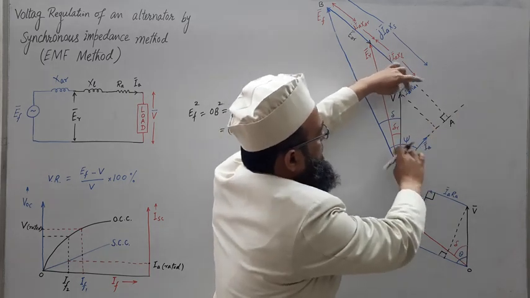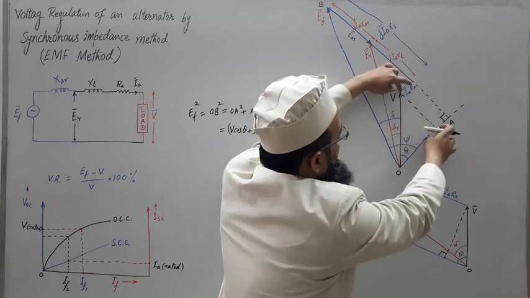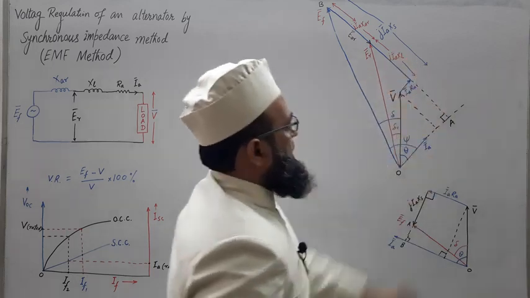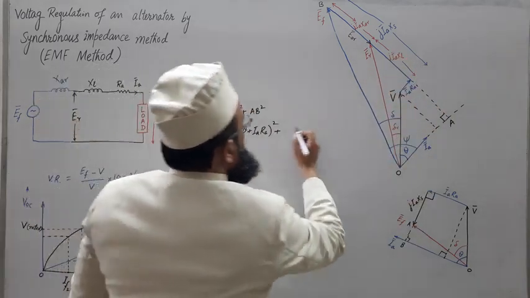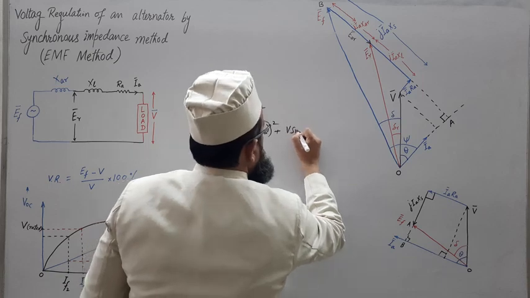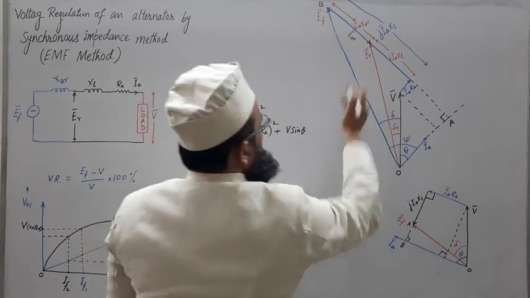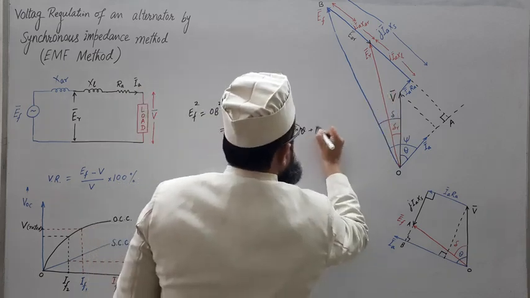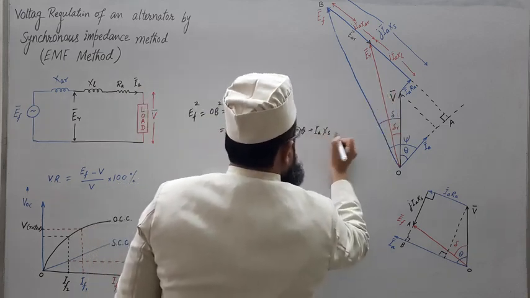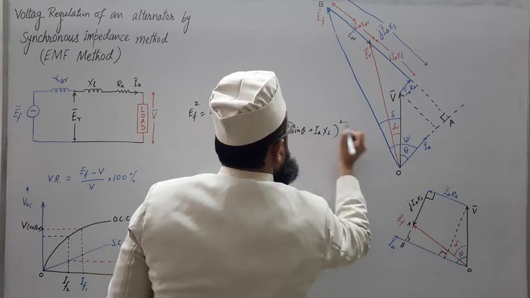This angle is theta, V cos theta will be this and V sin theta will be this, and this is equal to this in this parallelogram, right? So this will be V sin theta plus IA XS, squared.